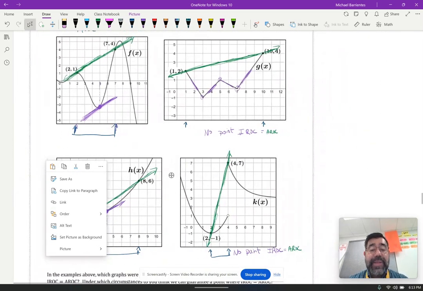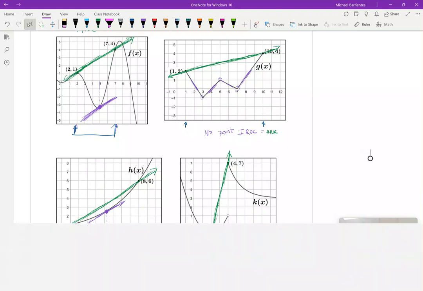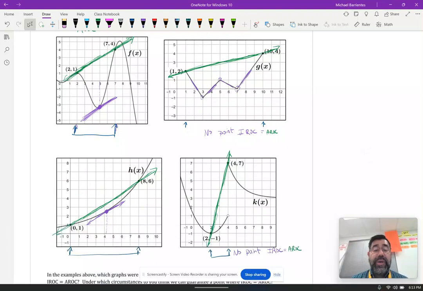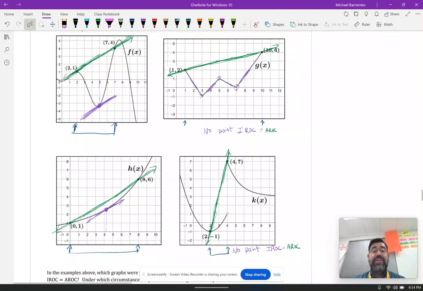So what is happening in the two situations where we see no point with a matching slope? Something is happening in the first two, f of x and h of x, that's not happening in g of x and k of x.